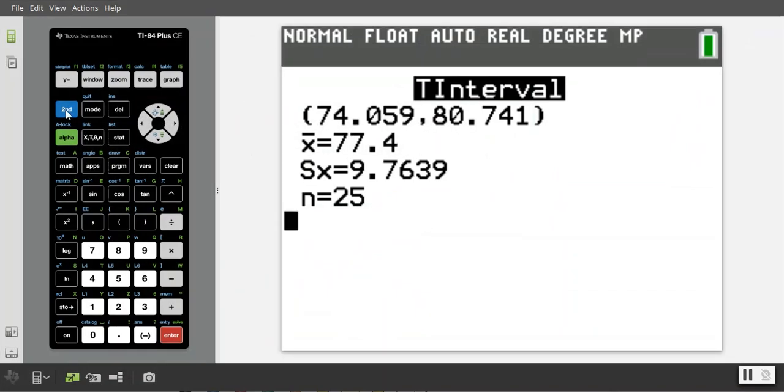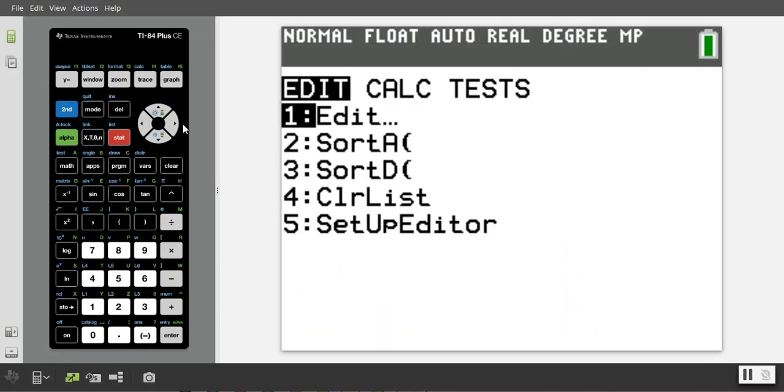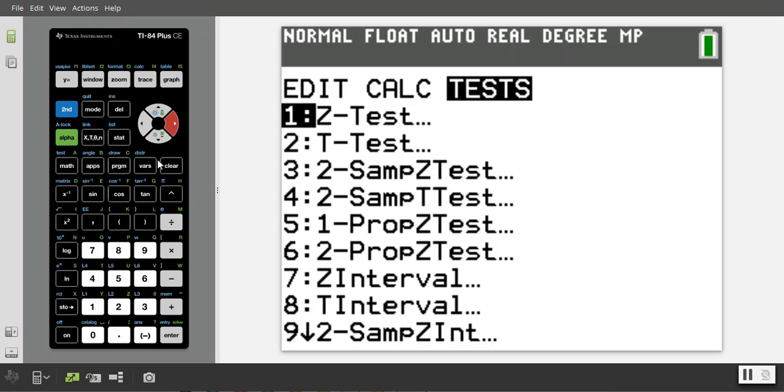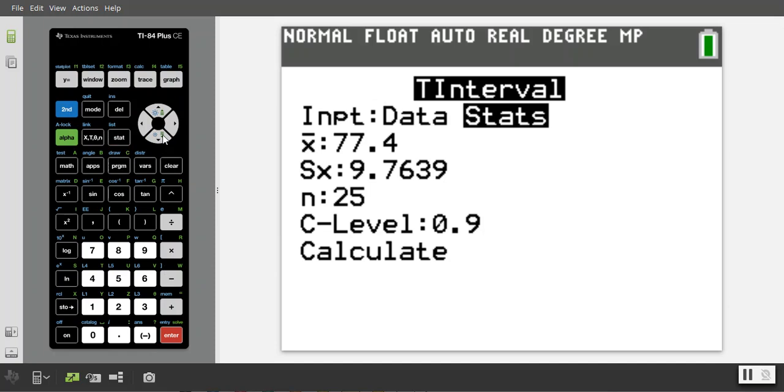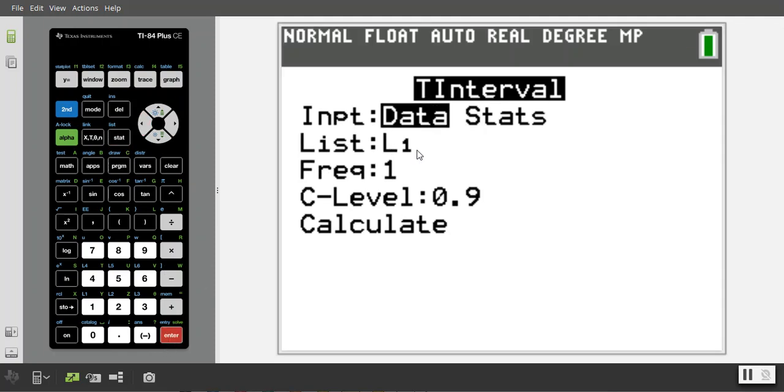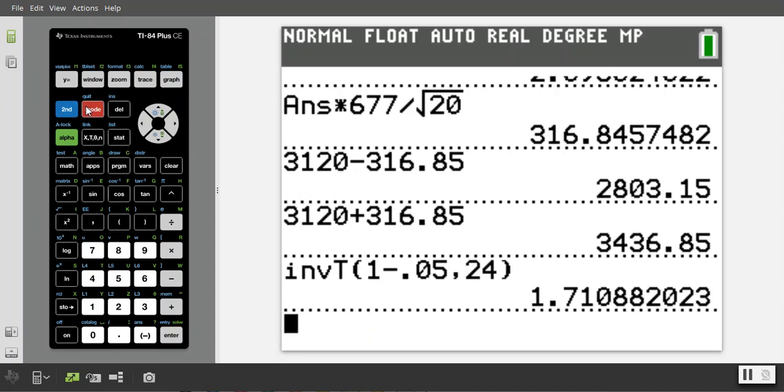If you input the data into the calculator as a data set, you bypass the whole part about finding the mean and the standard deviation. You're just inputting it, and that's mostly it with regards to efficient methods of calculating the confidence interval.